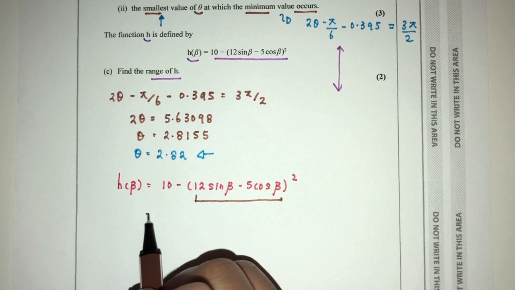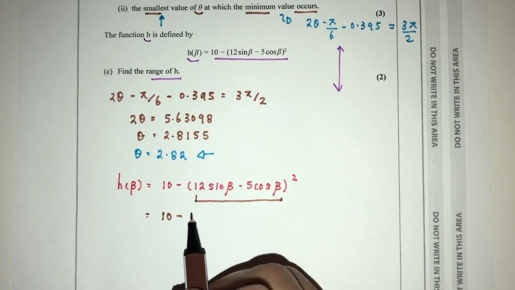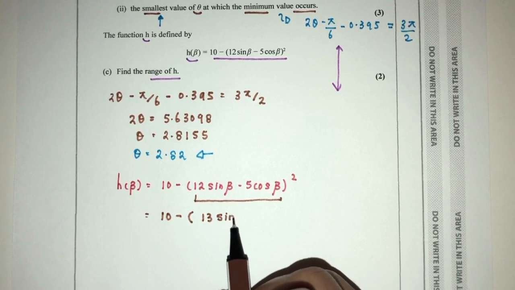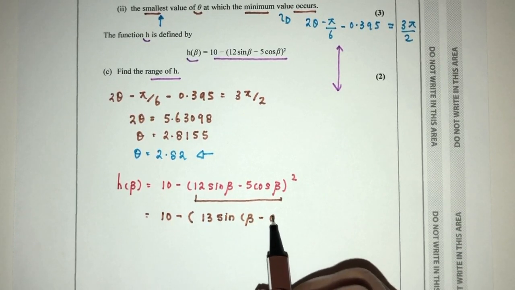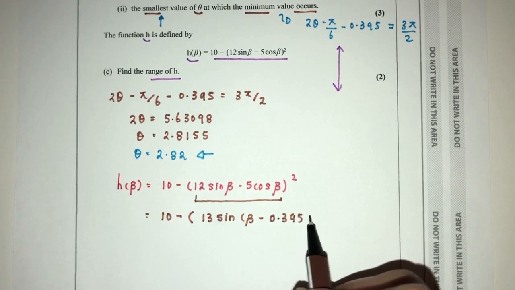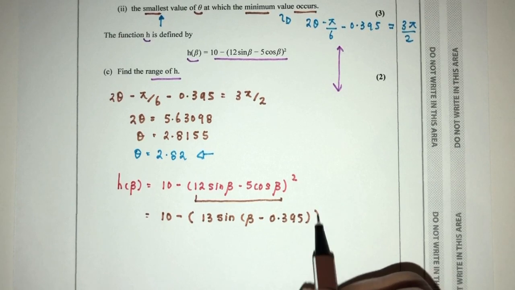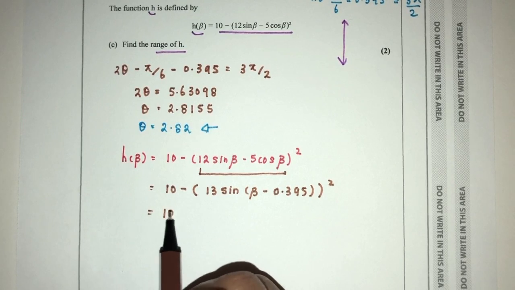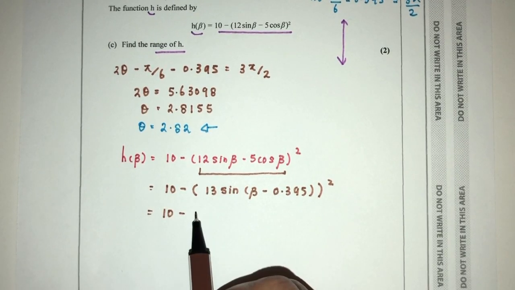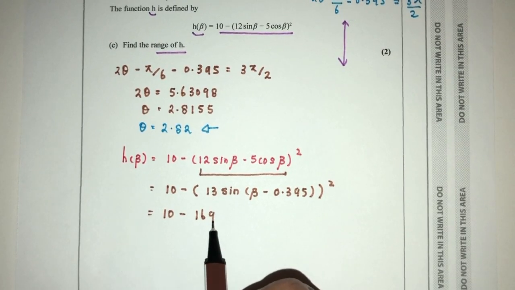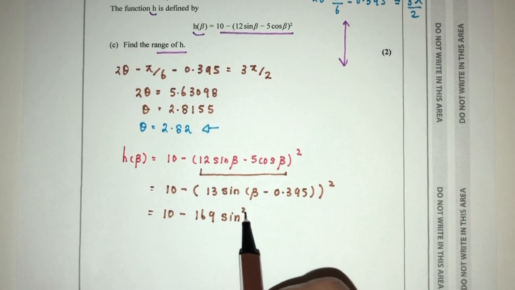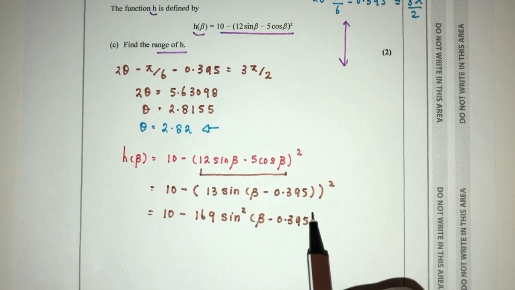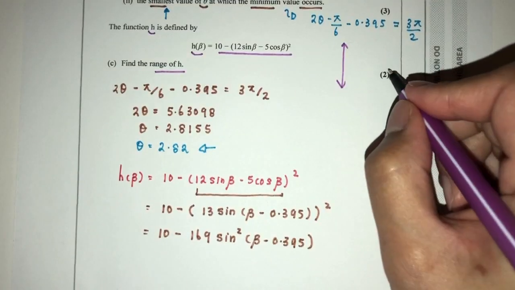So we understand that this is the same thing as 13 sine of the angle minus 0.395, and that was squared. So let's try to simplify. That will simply be 10 minus, 13 squared will be 169 sine squared, and this will be this value. Now this one is only 2 marks, obviously should not be that hard.